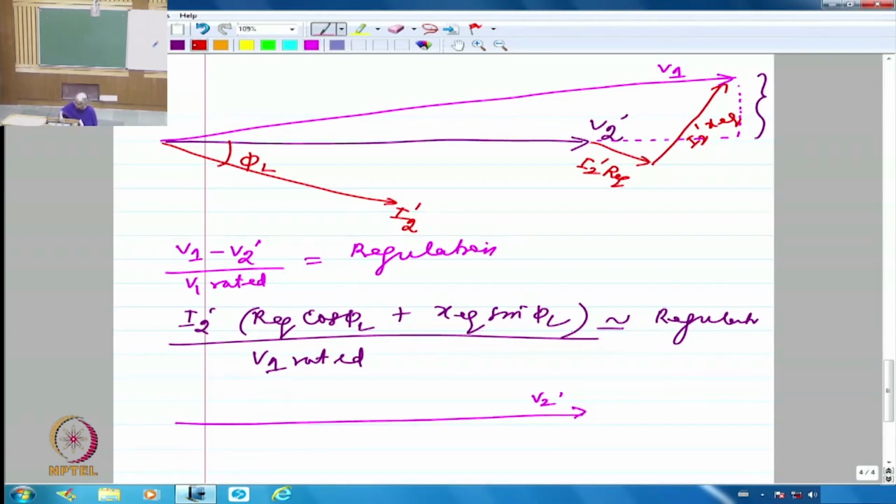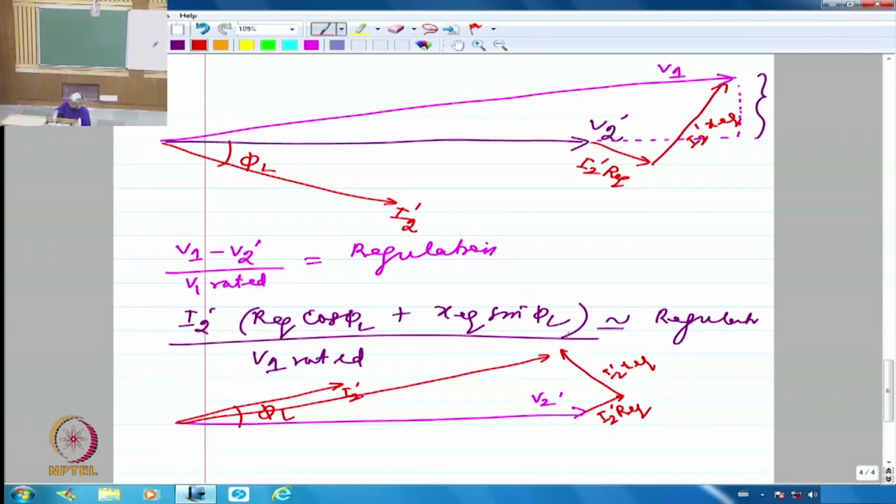If it is leading power factor, I am going to have a current like this. This is the load power factor angle. So I am going to have I2 R equivalent somewhere here, and I2 dash X equivalent somewhere here. So what I am going to get is something like this.